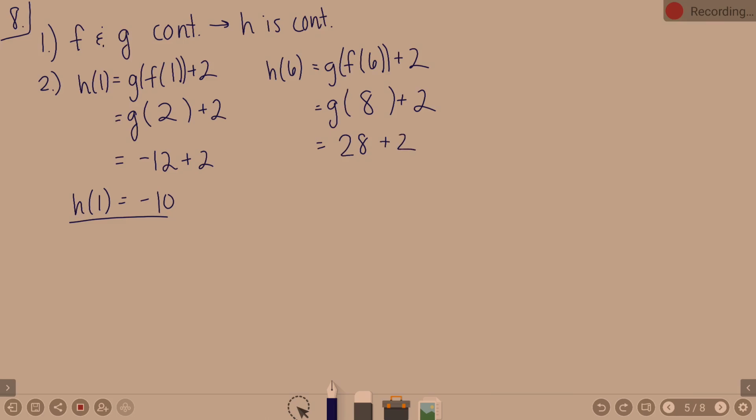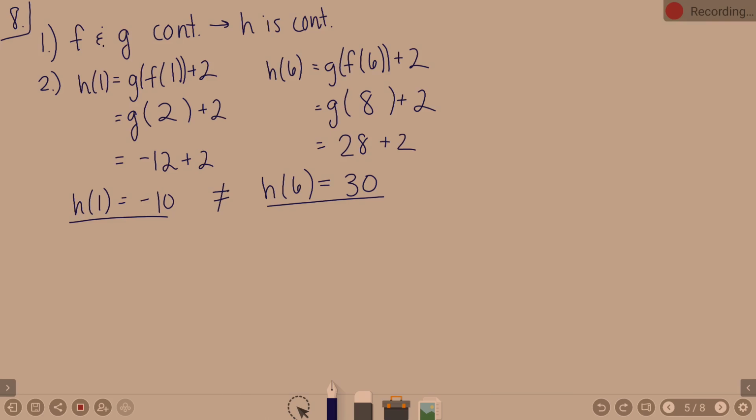Plus 2, which is 30. Okay, h of 1 is negative 10. H of 6 is 30. We found our endpoints and also realized that they are what? Not equal, right? So it's continuous. Endpoints are not equal.